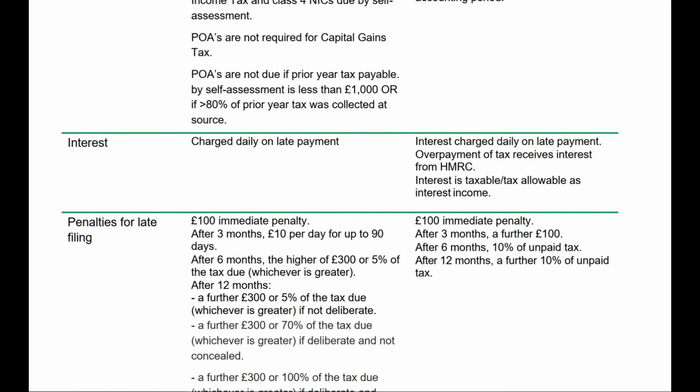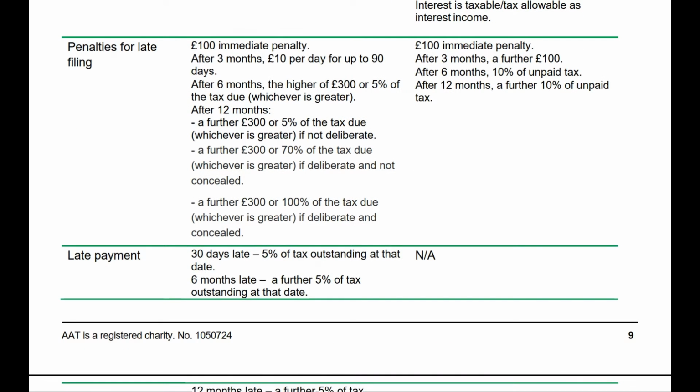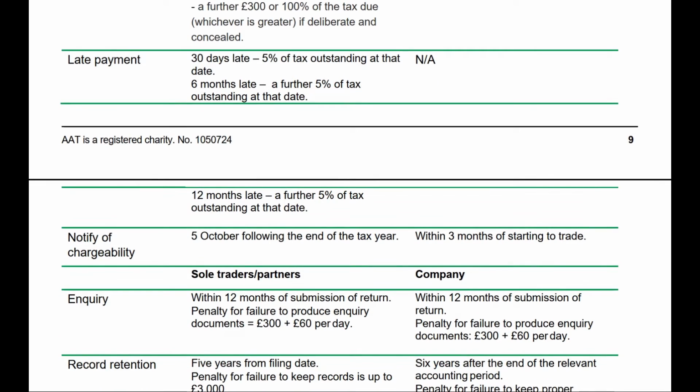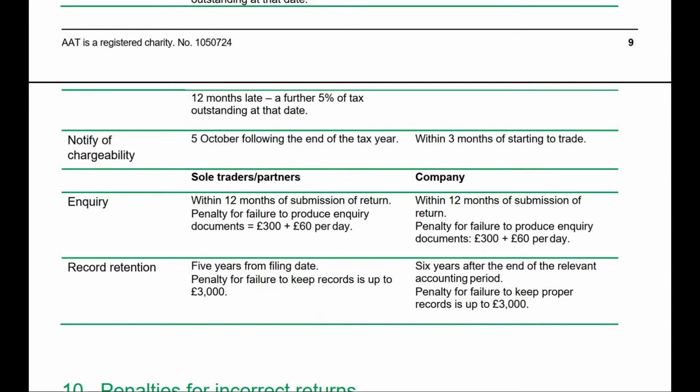There's then penalties if we don't file our tax return on time. And there's penalties if we don't pay our taxes on time. There's penalties if we don't let HMRC know that this is our first period of being chargeable to tax. And then we've got information about what happens in the event of HMRC opening an inquiry and how long we have to keep our records for.